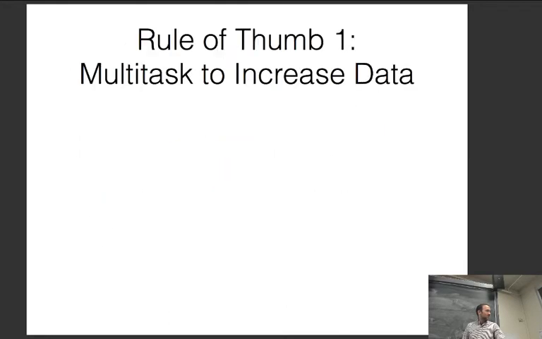So I guess my rule of thumb number one is that we should try to increase our data when we want to do multitasking. Especially when we want to do transfer to a specific task, it's not as useful to train on a task where we have much less data than the task that we care about.